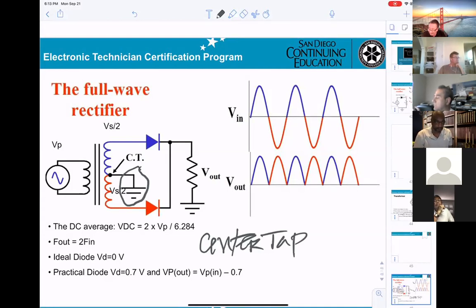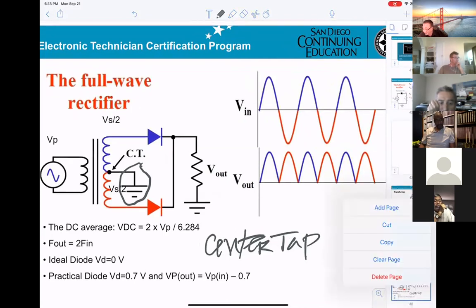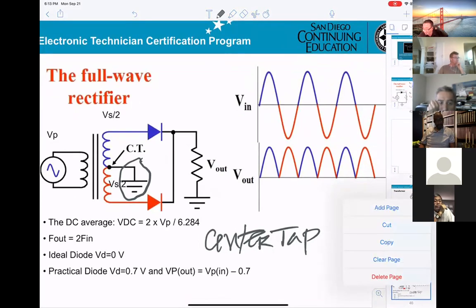That means they divide the secondary output into two half voltages. They take the whole thing, divide by two. You get the first one here and the second one on the second. So when the output comes out, they rectify both. It will be explained to you in more detail on the next page.